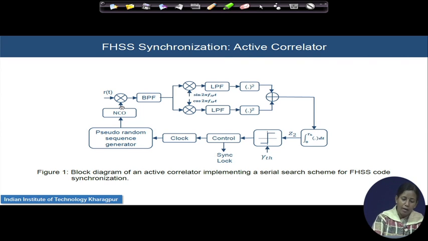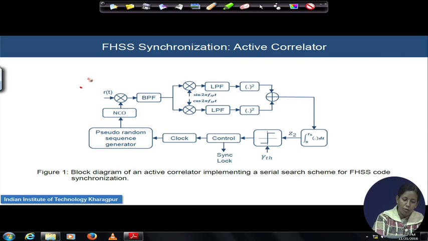So, suppose I have 1 to capital H number of hops. If the received signal is coming over hop number 1, and the corresponding frequency hopping sequence is f1, the frequency associated with the next hop is f2, and the frequency associated with capital H is f8.